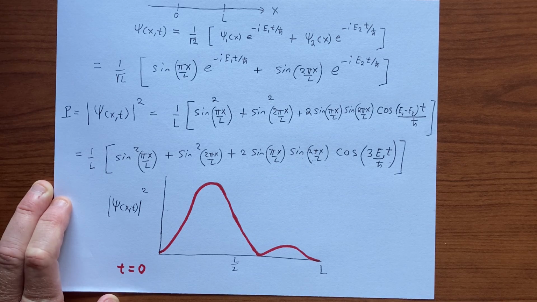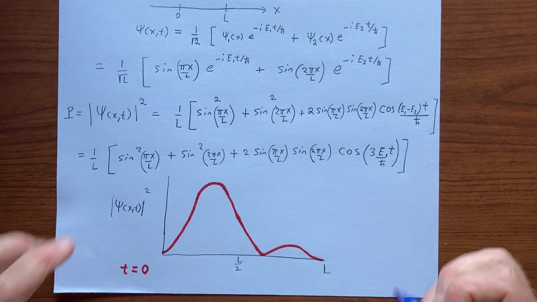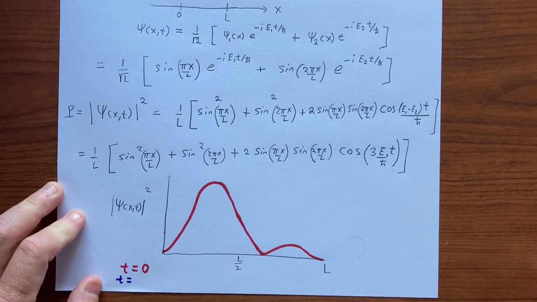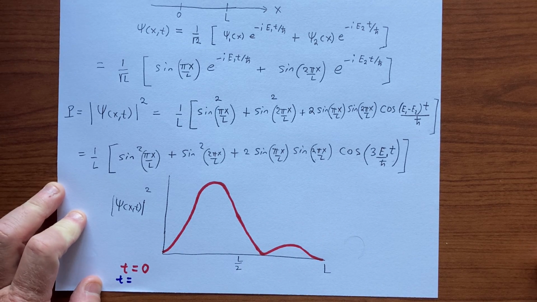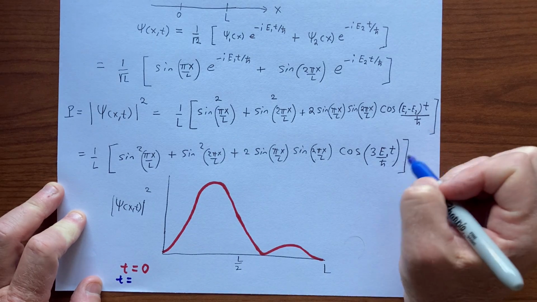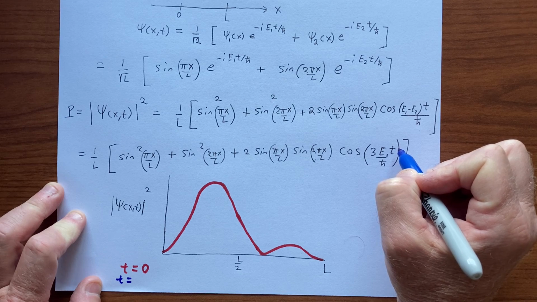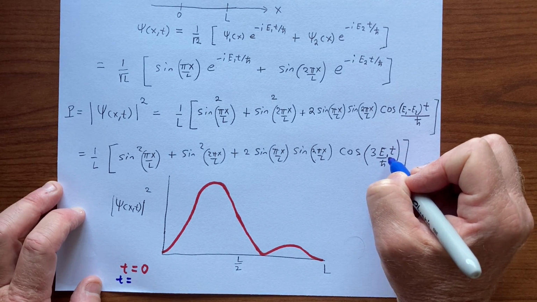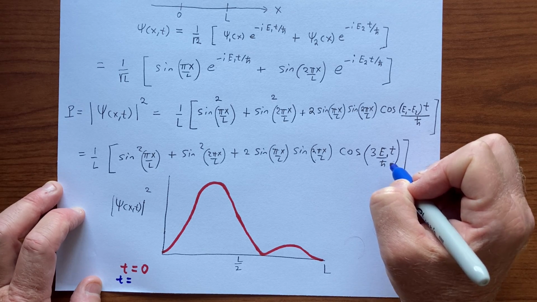And now let's choose a different color. Let's make a t equals pi h bar over 3 E1.